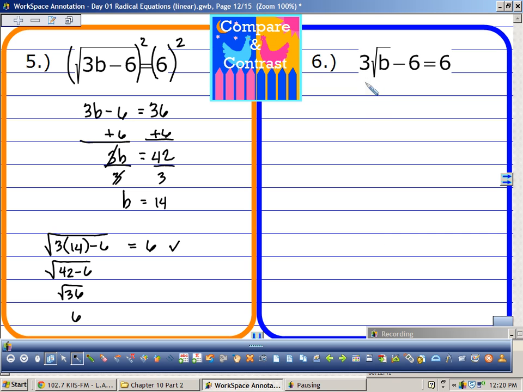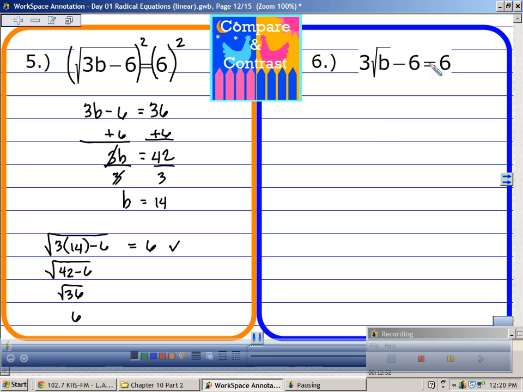Patrick, is there anything I can do to this before squaring both sides? How? Bring it over. How do you bring it over? Good. Take the inverse. Now I have 3 times the square root of b equals 12. Is there anything else I can do?